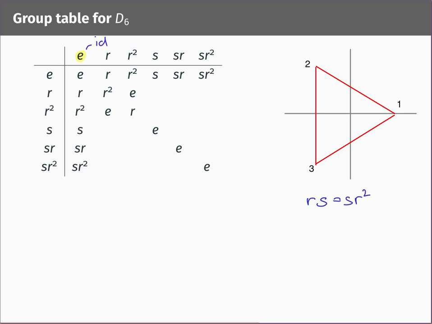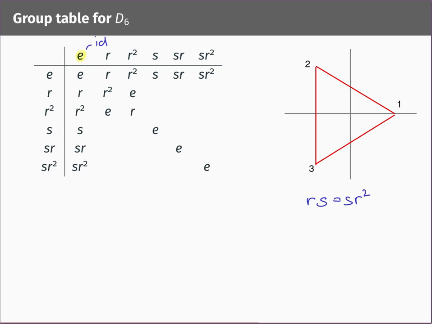Next, there's something else easy happening here, which is that the 3 by 3 sub-table in the top left of this table is easy to work out, because that's just about composing rotations. And I know that, for example, R composed with R is R squared by definition, and R composed with R squared, well, that's R cubed, but as we said, R has order 3, so that's just back to where we started, so back to the identity.